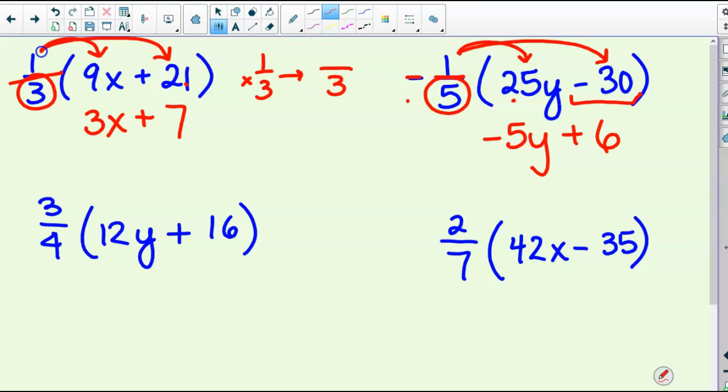Now my fraction, 3/4, doesn't have a 1 on top anymore.